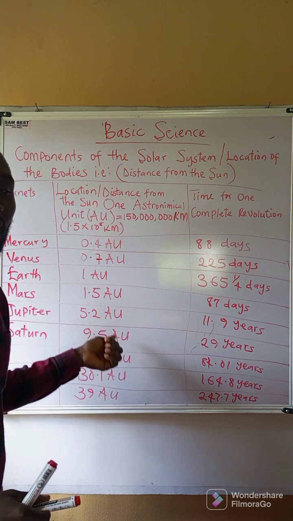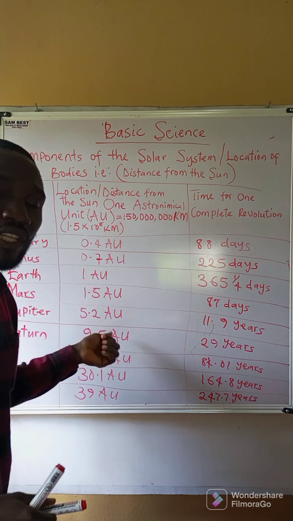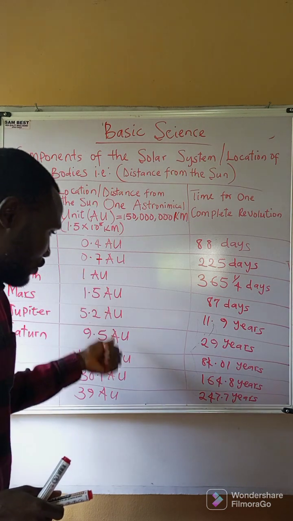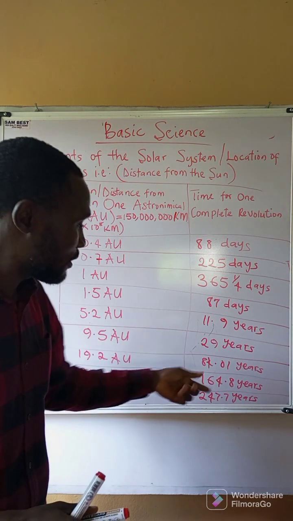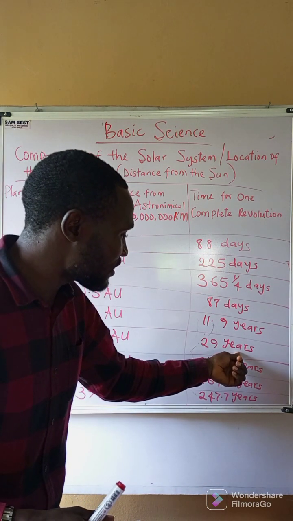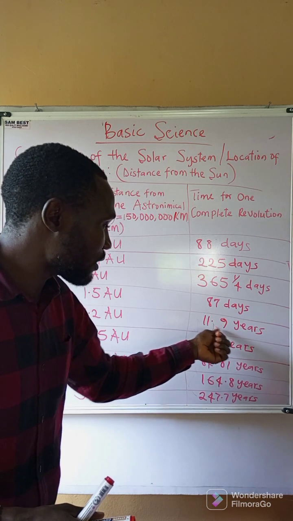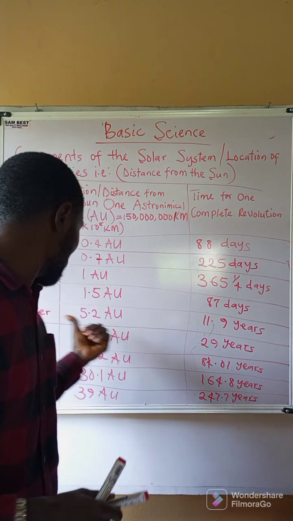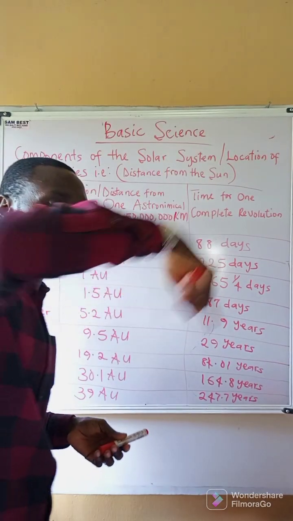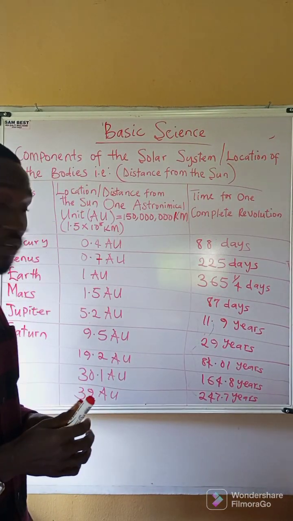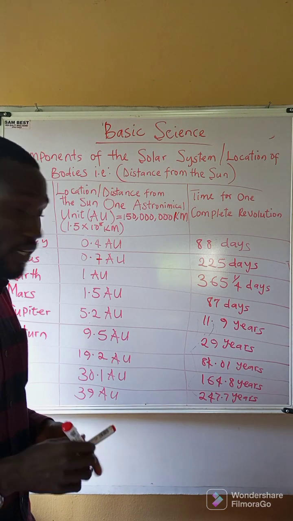Remember, AU means astronomical unit. Then the time for one complete revolution is 29 years. Jupiter was 11.9 years, but Saturn is 29 years before it completes one revolution. Do you understand?